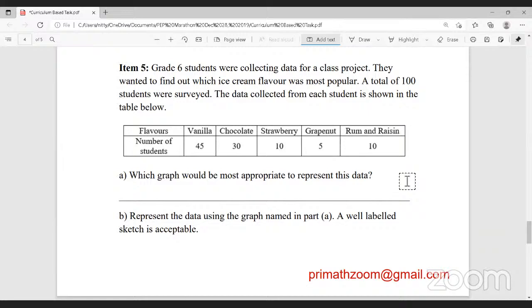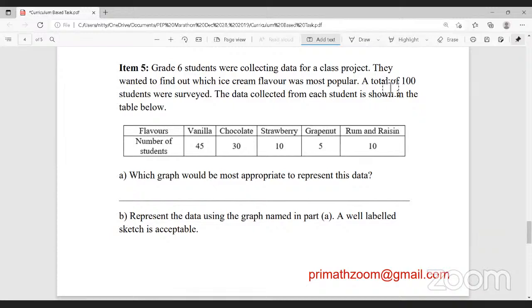All right. So persons are saying bar graph, pie chart, picture graph. Okay. All right, bar graph. So we have bar graph, we have pictograph, we have pie chart. Good. Those are very good options.